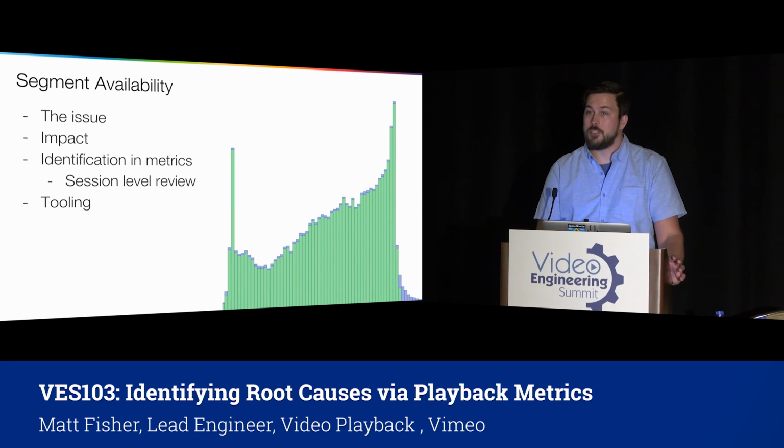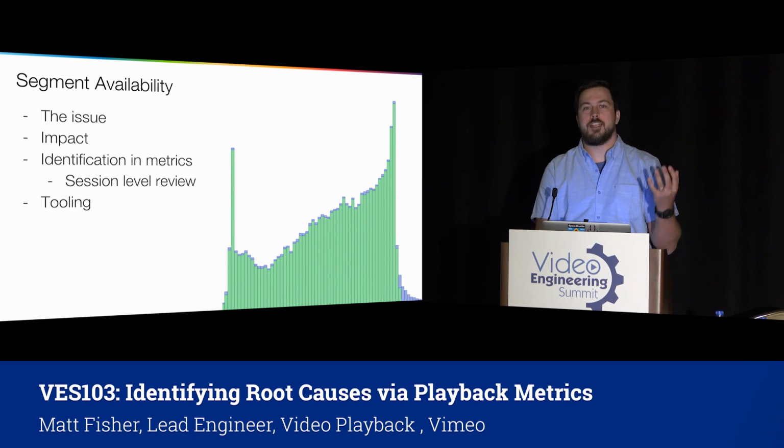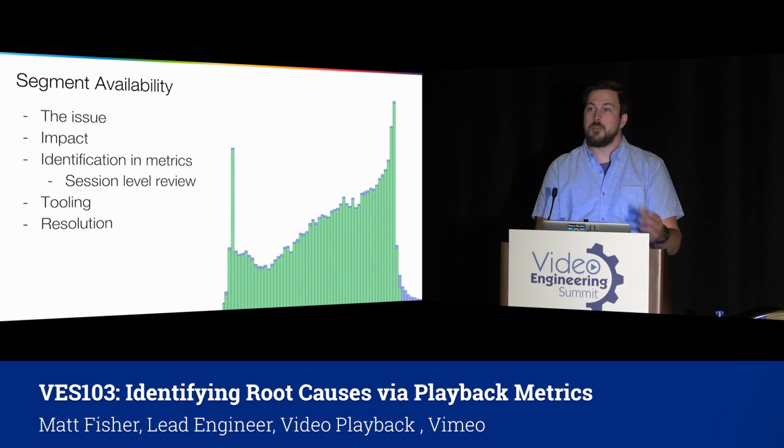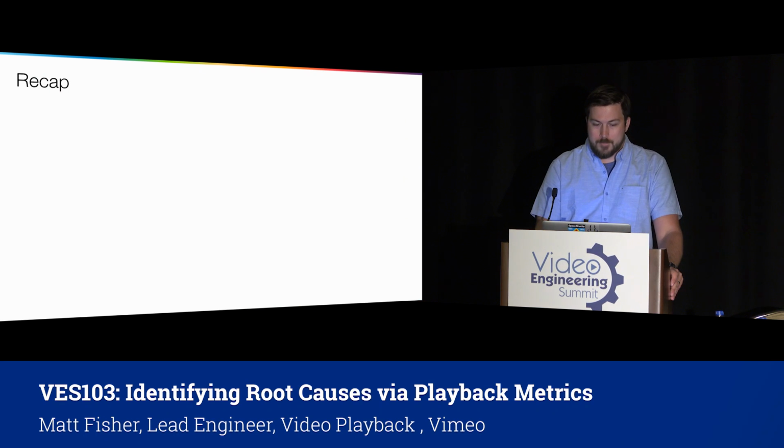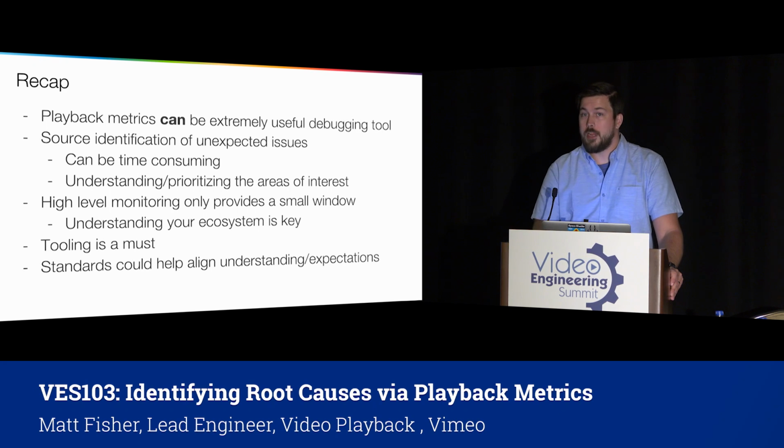And that really came down to having our own tooling around this, or else we would be writing many queries and looking at just tabular data that may or may not be able to quickly visualize what the issue was. And we were able to resolve the issue and do so with minimal impact.